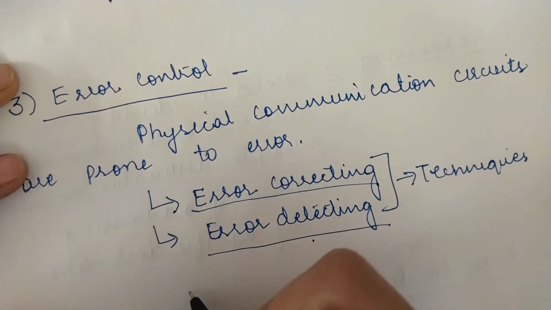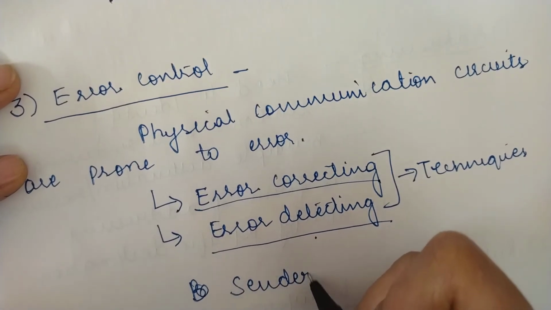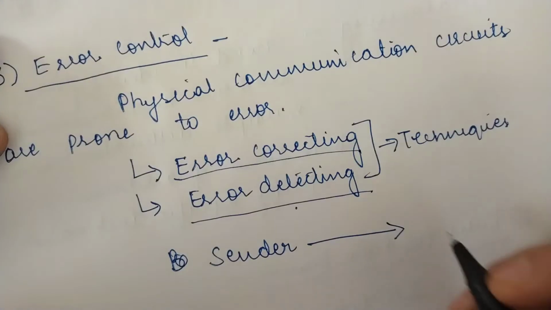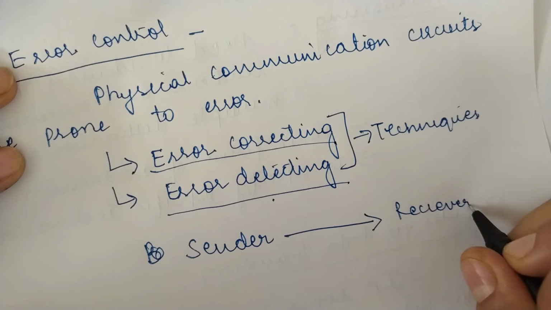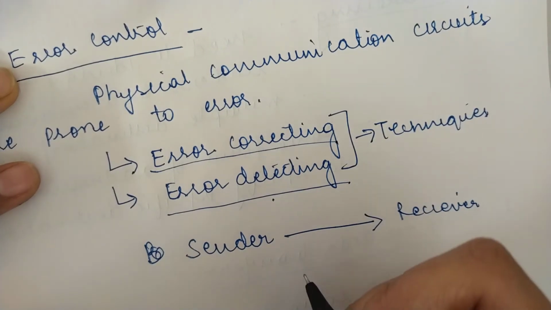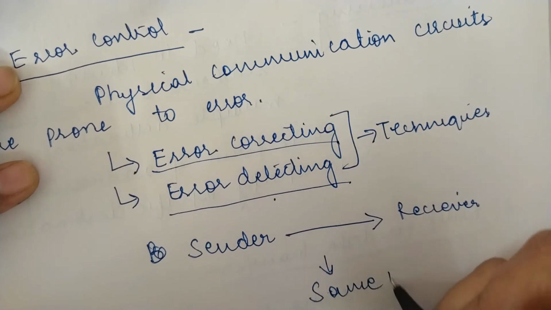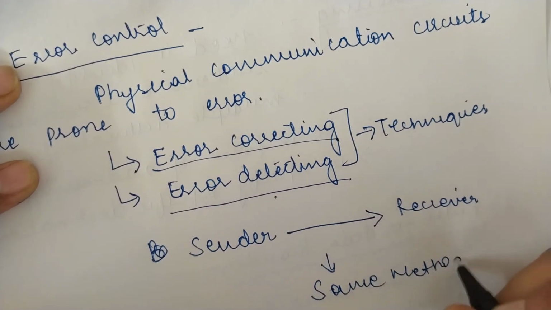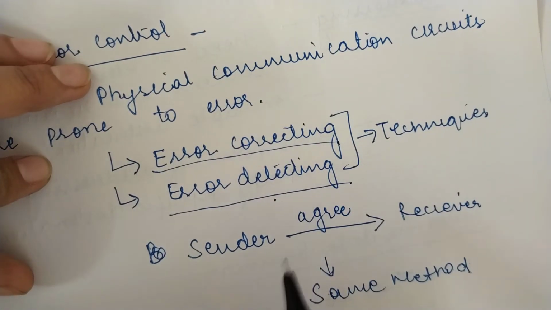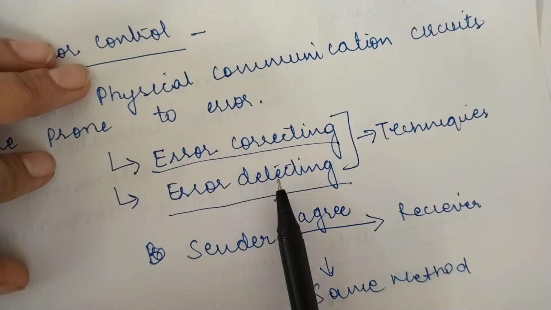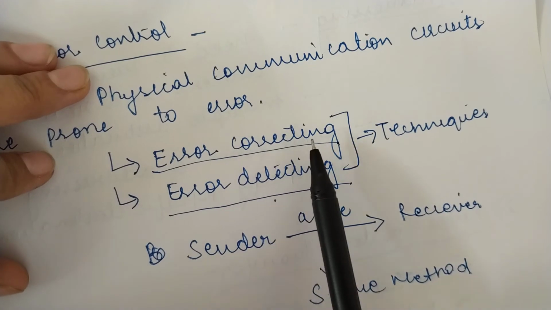But here the issue is that both the ends, that is the sender as well as the receiver, must agree on the same method of error correcting and error detecting, because there are several methods which we will study in detail later, several methods for error detecting and several methods for error correcting.